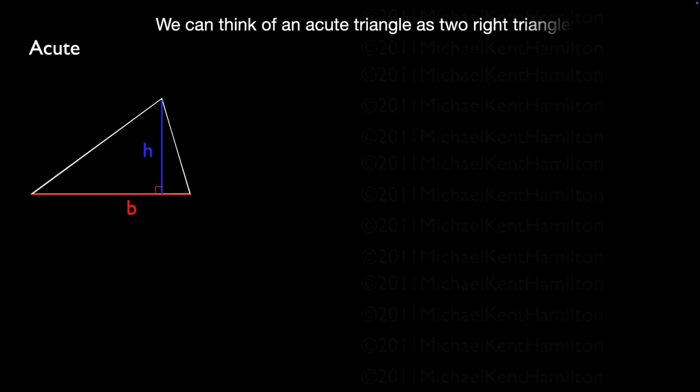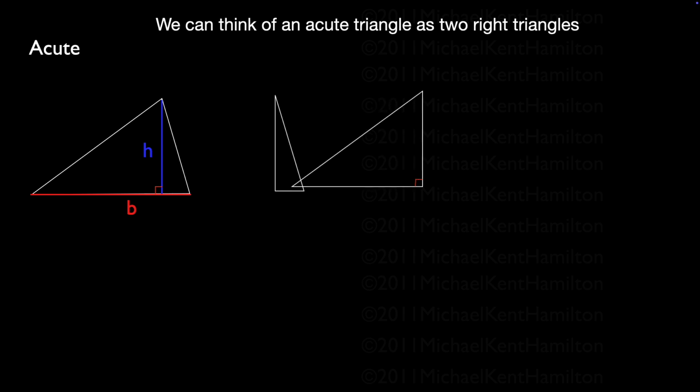An acute triangle can be considered as covering two regions made by right triangles. That is, our acute triangle can be thought of as two right triangles placed together so that their heights are coincident.